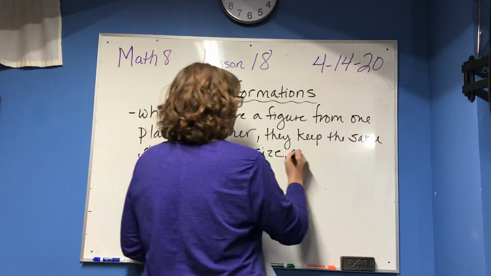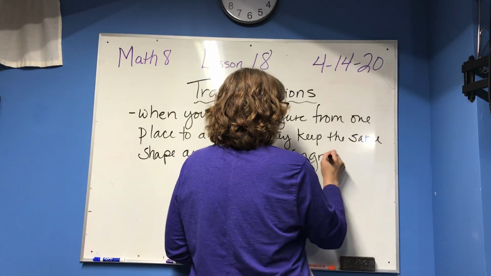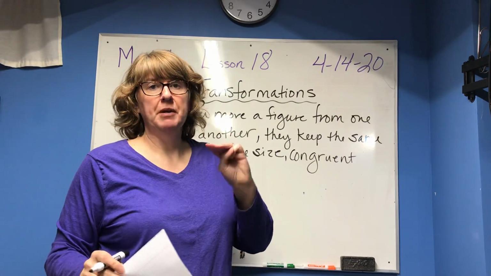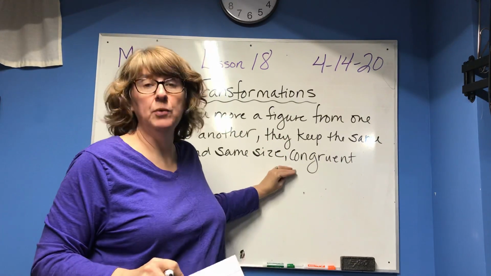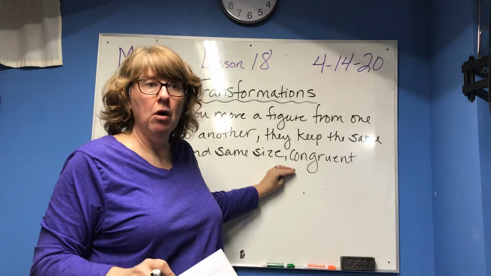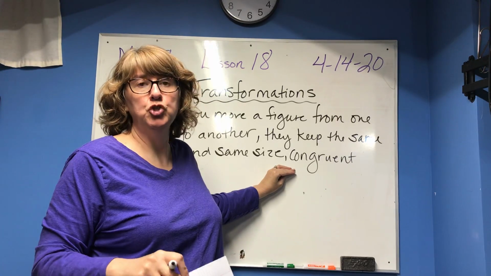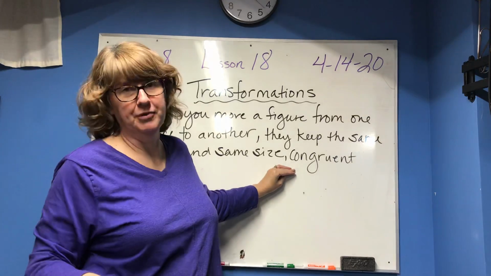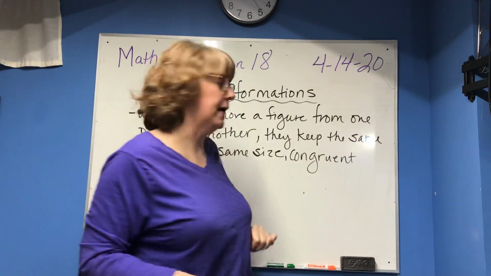These are congruent. Now, the 3 transformations we're going to be talking about now are when the shapes stay congruent. There are other ways to change a shape that are not congruent, and we'll talk about those later. But right now, these three are the same.